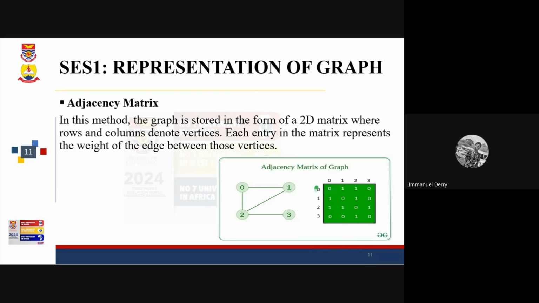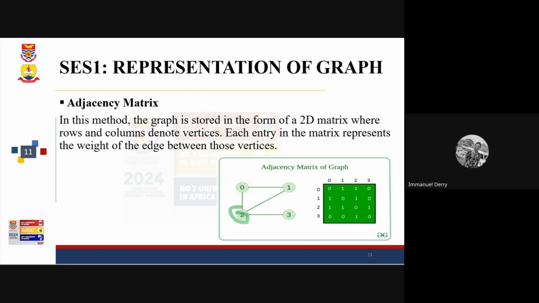Now moving on, we have 0 and then 1. Do we have an edge connecting 0 and 1? Yes, sir. That is going to be represented as 1. Now we move to vertex 0 and 2.